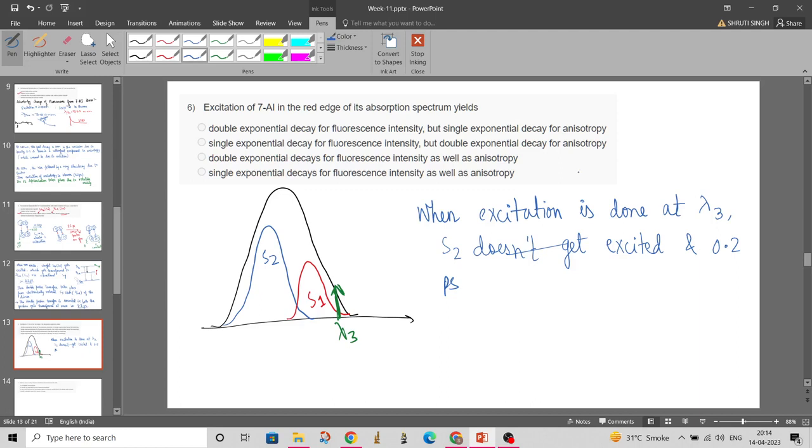There is no S2 excitation, so there should be no vibrational relaxation. The 0.2 picosecond component should not be seen or observed. Okay. And there should be only one component, which is due to the proton transfer, right? So let me draw in the new page.